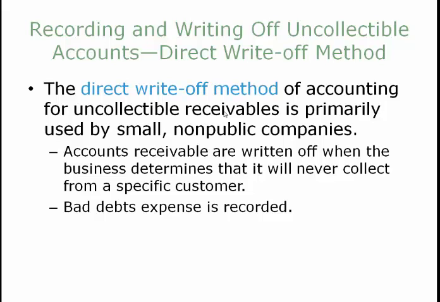If you're a business that installed heating and air conditioning systems for maybe a home builder, and the home builder says, I'm not going to be able to pay you, you can just forget it, they would write it off only if and when that home builder says, I'm not going to pay you. Then they would directly write it off. They'd credit accounts receivable, and they would debit an account called bad debt expense.